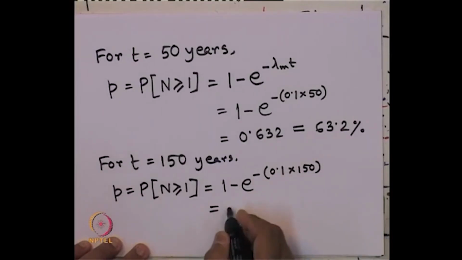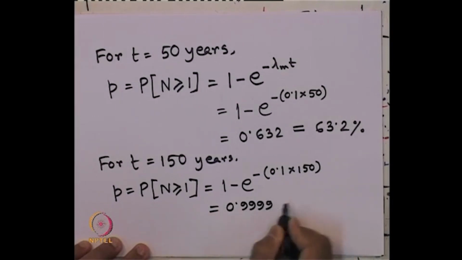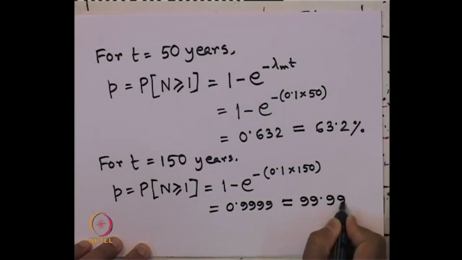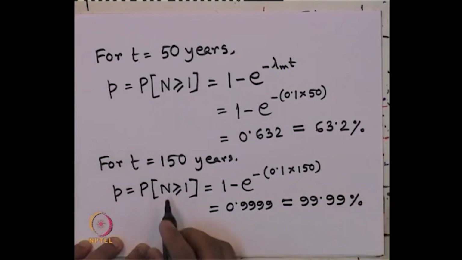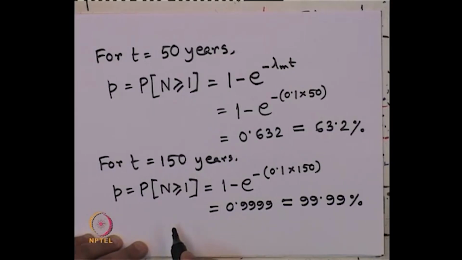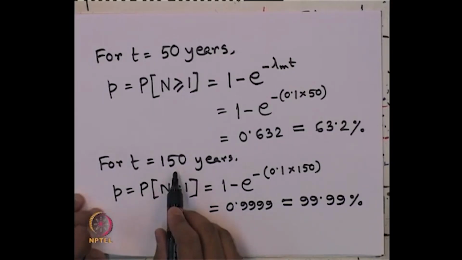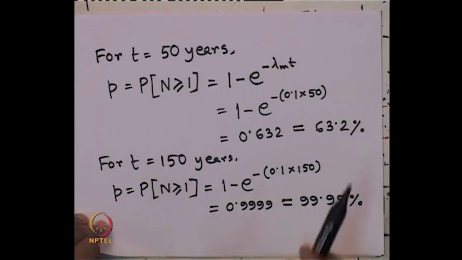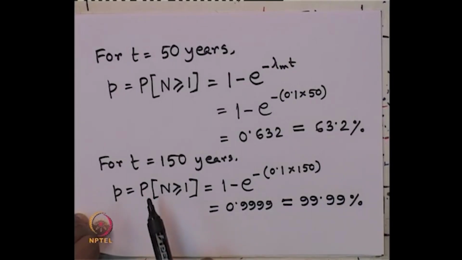On simplification we get 0.9999, which is nothing but 99.99%, or you can say 100% even. That is, at least one earthquake of magnitude 9.3 will occur in 150 years in that region where this circum-Pacific belt equation of Gutenberg-Richter is valid.